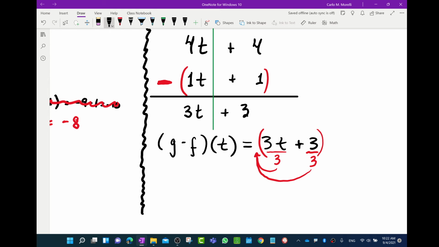Even though in this particular problem, it's kind of irrelevant. g minus f of t equals 3, open parentheses, t plus 1.